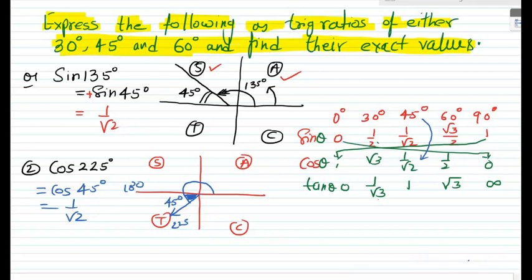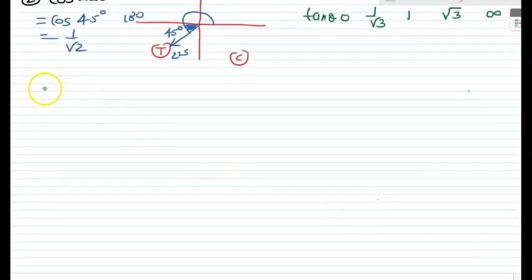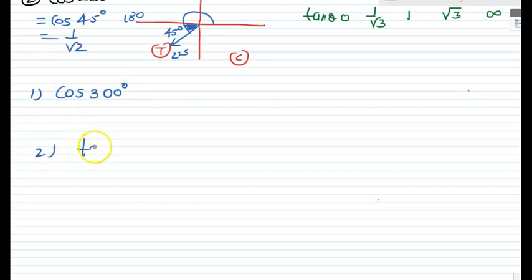Right, now questions for you. When I'm giving you a question, you need to pause the video and go over the question. The first question is cos 300 degrees. The second question is tan minus 225 degrees.